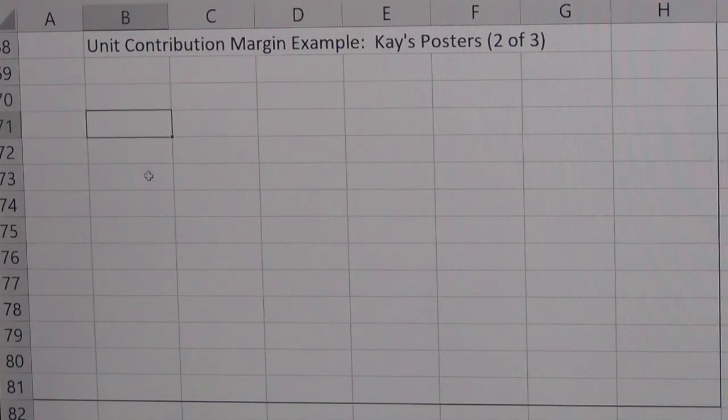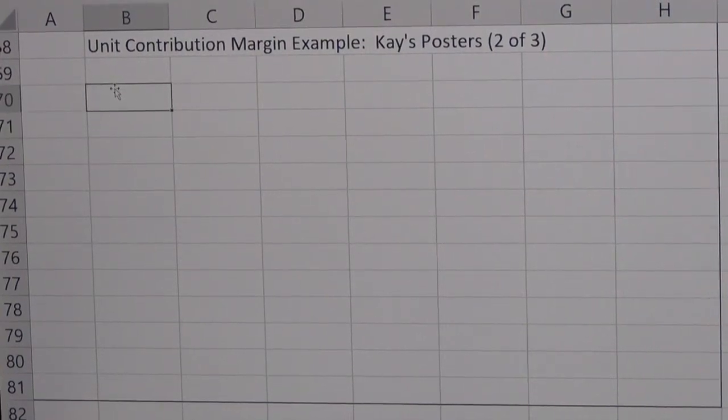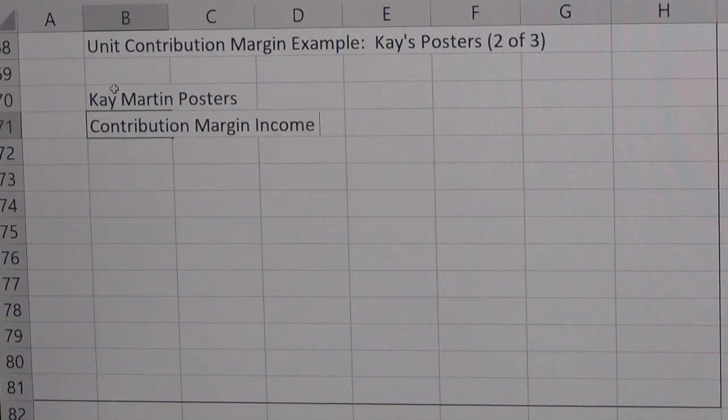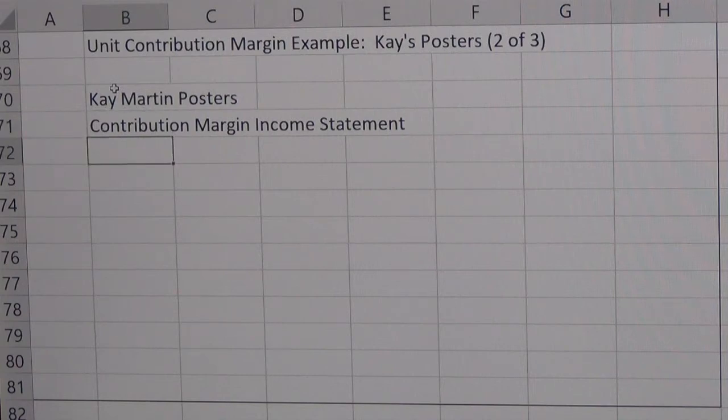All right, so now we can go on to the second part of the three parts, and we're going to put together a schedule here. The schedule is going to start with a title of K Martin posters. The title of the spreadsheet is going to be next. That's the contribution margin income statement. And then the period for which this applies, the month ended August 31st.